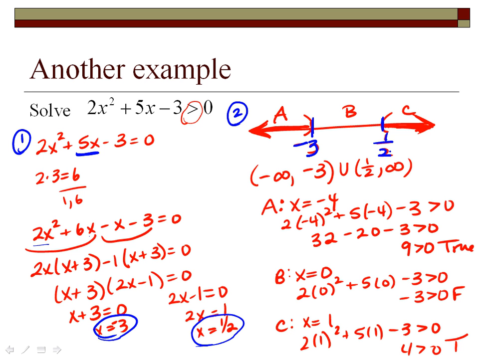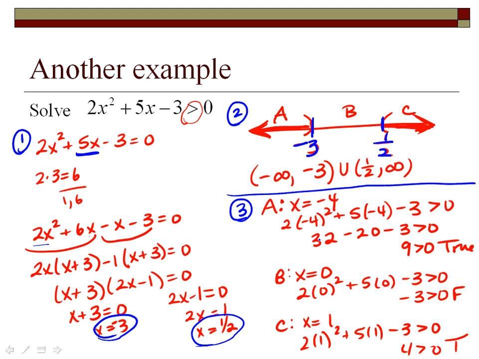Again, pretend you don't see the solution to all of that there. And then step 3 would be to substitute values from each of the regions into the original inequality and determine if that is true or false. So out of region A, we need something less than negative 3. So we select negative 4.